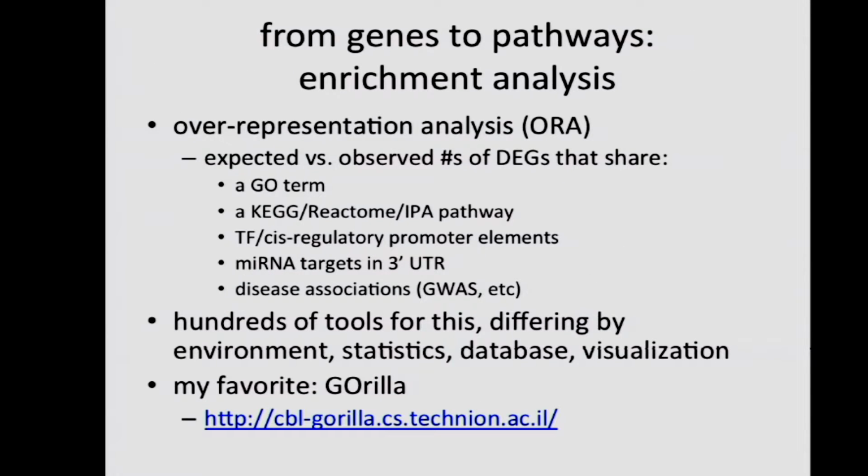So expected versus observed numbers of DEGs, and there are hundreds of tools for this, all over the place. Again, my favorite, Gorilla. There's the link. We'll try and use it. But you can do this at the NCBI website, and we'll talk about that when we get to the workshop.